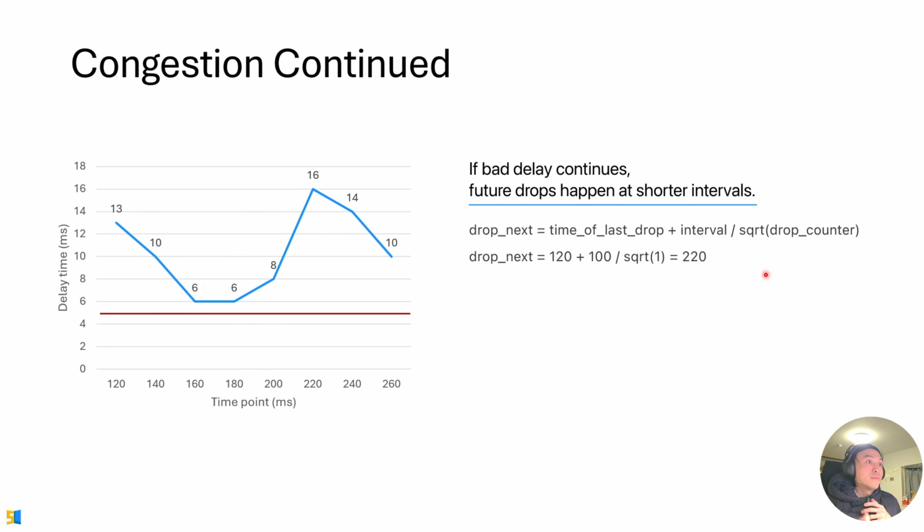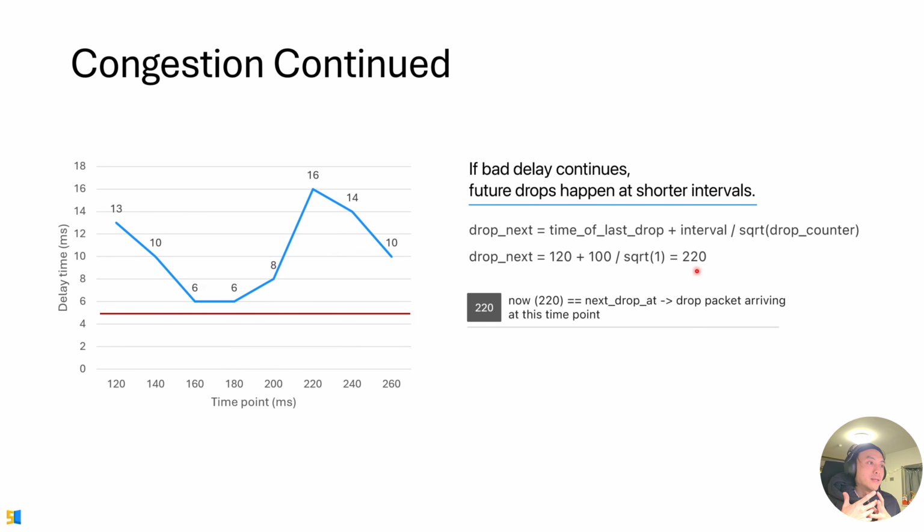So the time of last drop is 120, from the previous example, where we dropped or marked a packet at this time point, plus the interval 100 divided by the square root of 1. This is the drop counter: how many drops it has made in this continuous congestion duration? 1. So the value is 220.